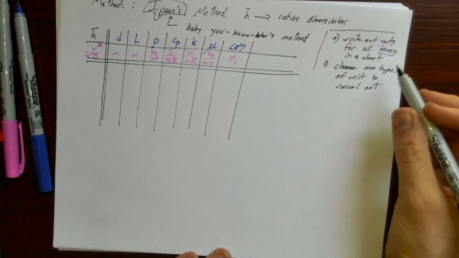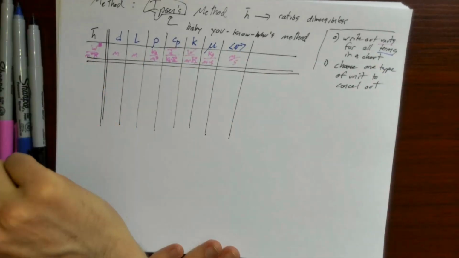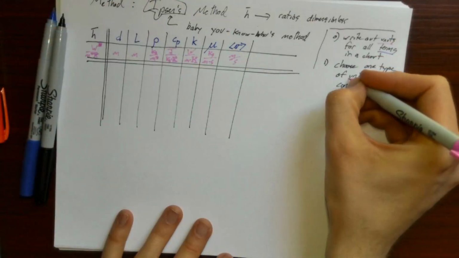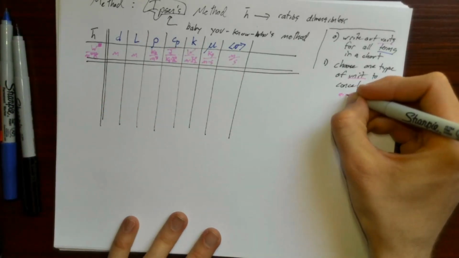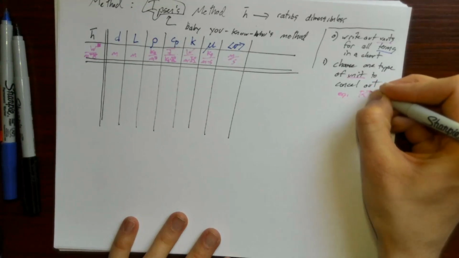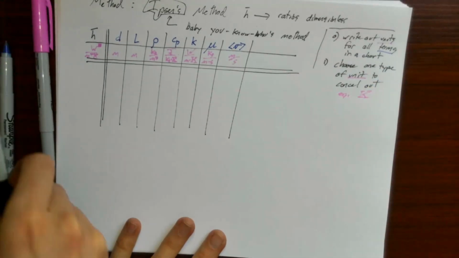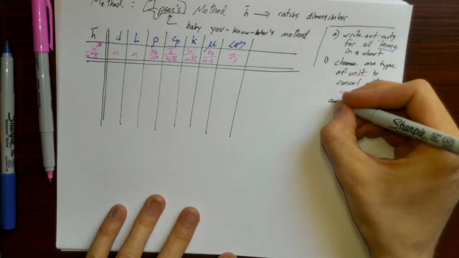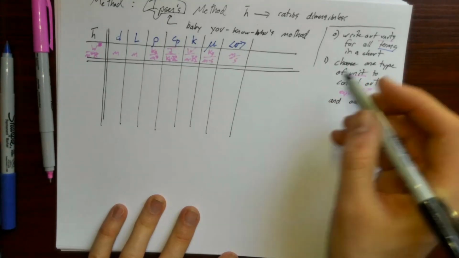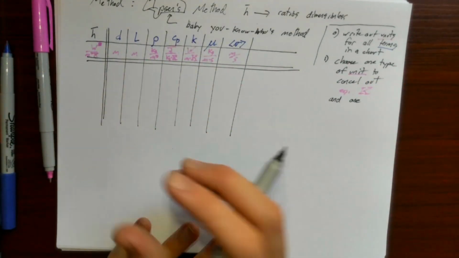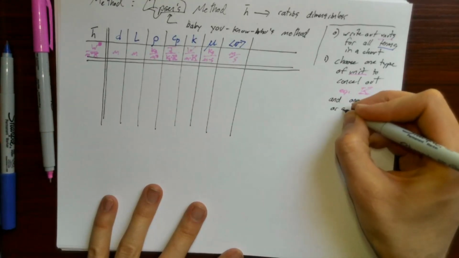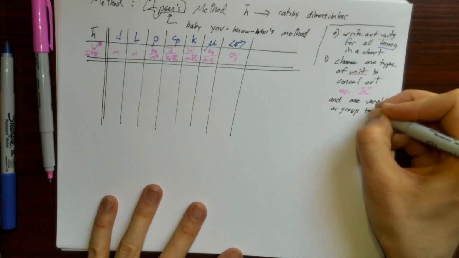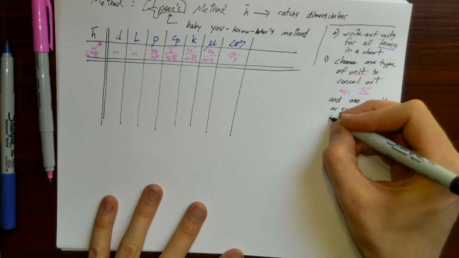So we can choose one type of unit to cancel out. One type of unit to cancel out might be, for example, Kelvin. So I choose one type of unit to cancel out, and one variable or group of variables to use to cancel out.